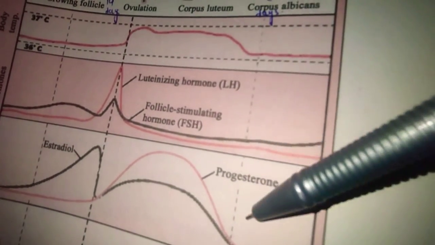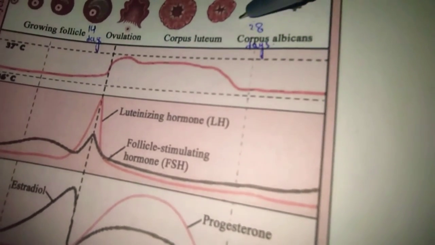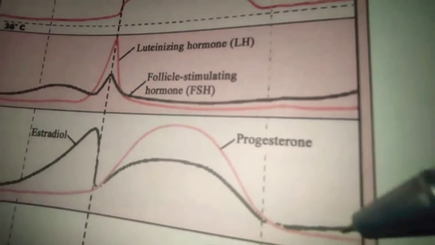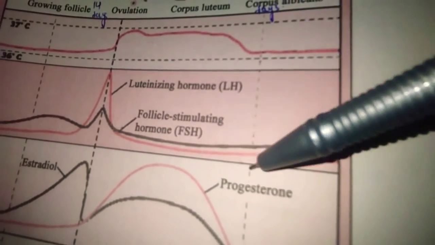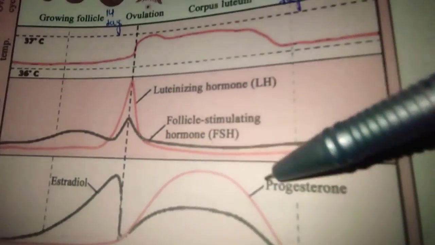So this is the case if fertilization doesn't occur. In that case, the progesterone and the estrogen levels will decrease, and FSH and LH then continue to rise, and the cycle hereby continues.